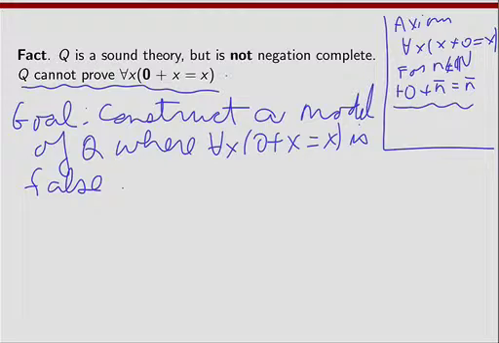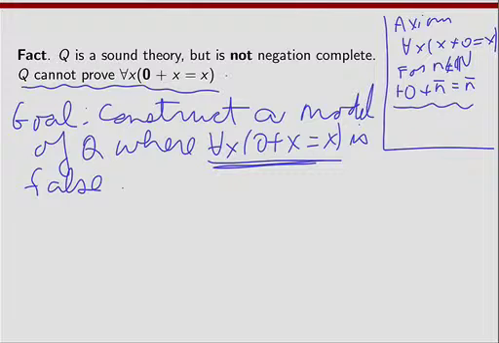Of course, it has to be a non-standard model. It can't be the intended model, because this is a true fact about the natural numbers, that for any natural number, 0 plus that natural number is equal to the natural number. So I want to construct what you might call a deviant model, where this formula is actually false. But it can't just be any model.